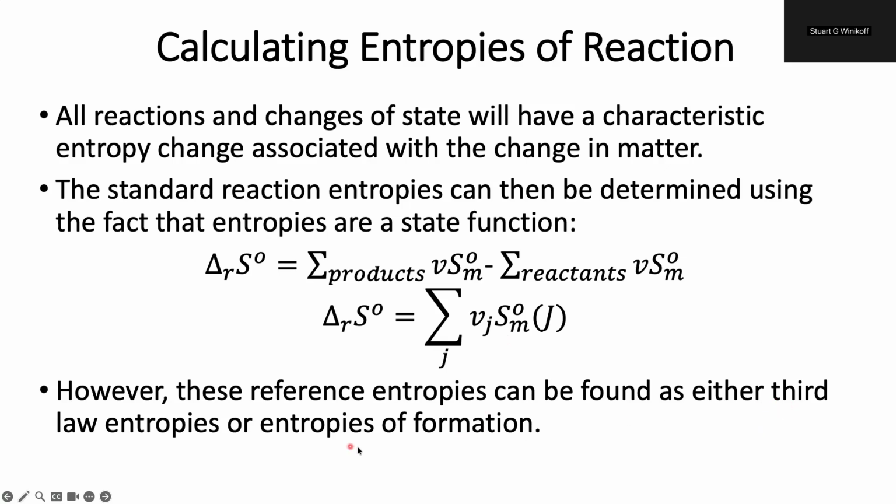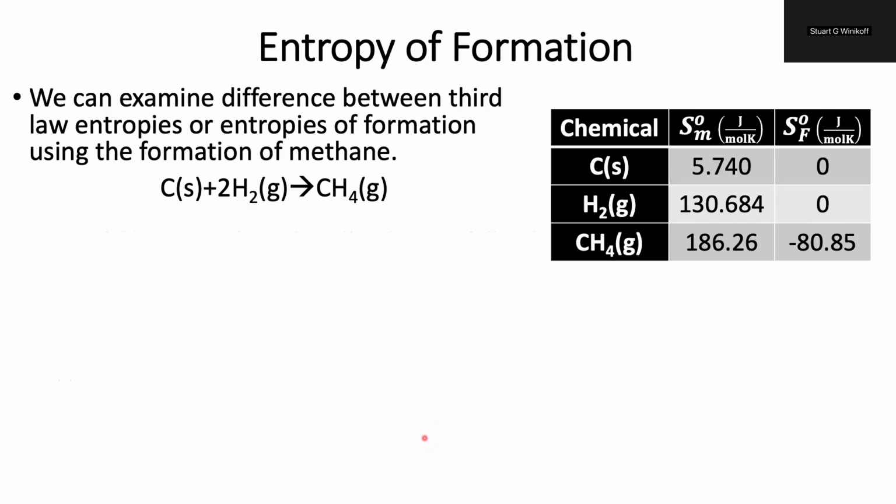However, it's also common to have them listed as entropies of formation. In the same way as enthalpies, this refers to forming the material from elements in their most stable state. So let's compare and contrast this when determining the entropy for a formation reaction.